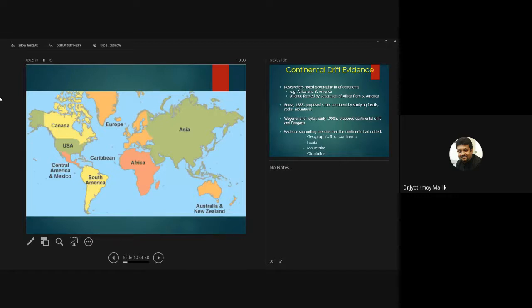Okay. So what you are looking at now in the slide is a world map. We all are familiar with the world map, and what stuck to people when this map was prepared is that it looks like a jigsaw puzzle, as if you can bring Africa this way, or bring the whole Americas this way, and it kind of fits.